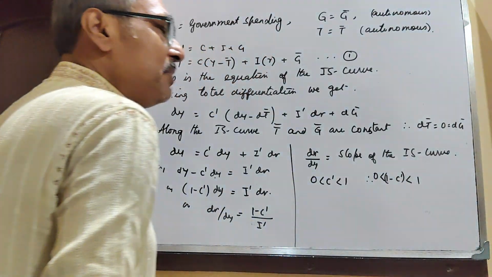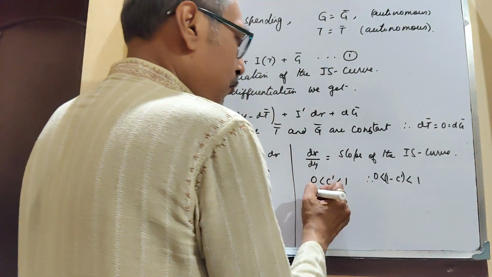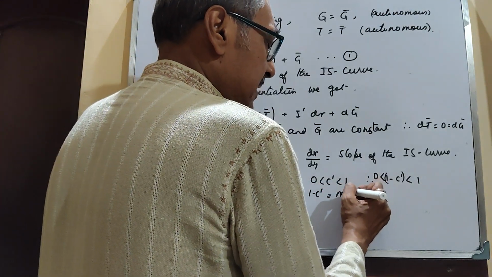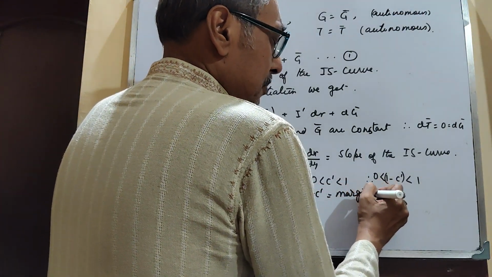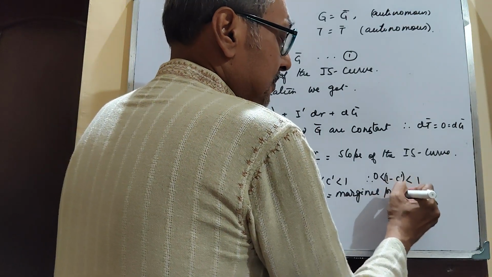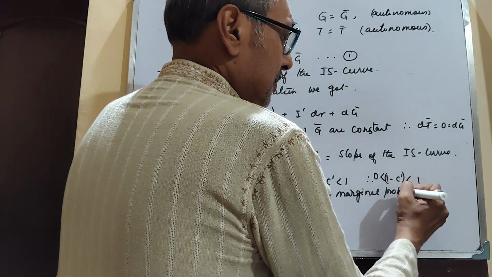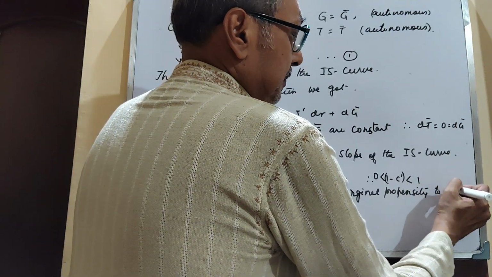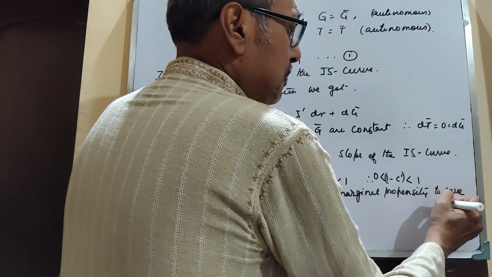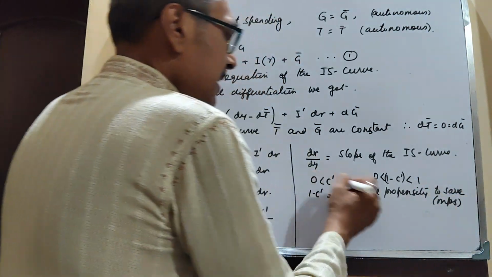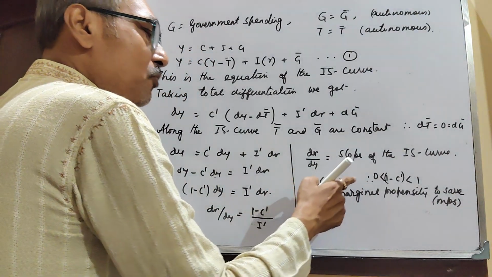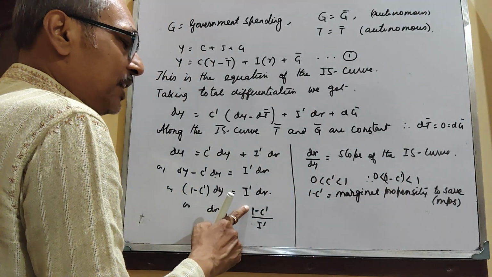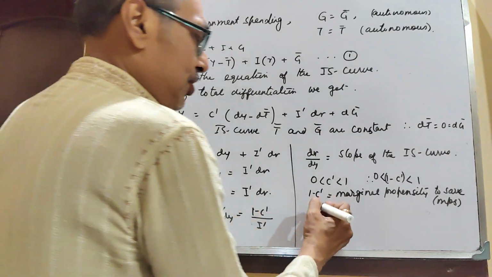Now 1 minus C prime is basically the marginal propensity to save, MPS. 1 minus C prime lies between 0 and 1. Therefore, the numerator is a positive fraction.